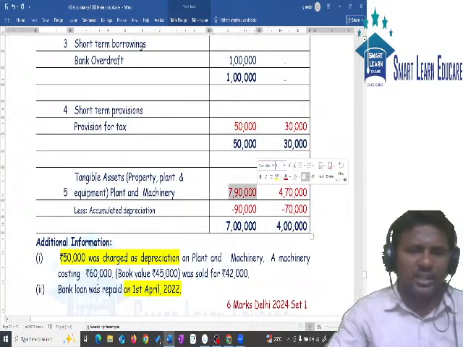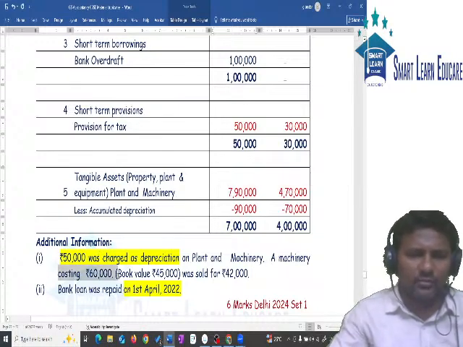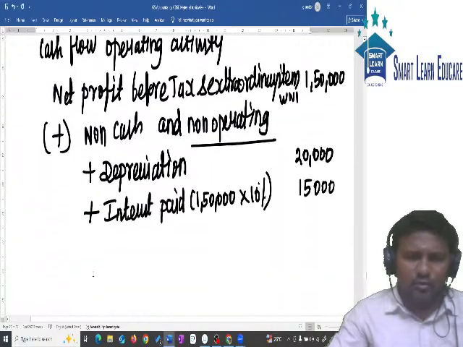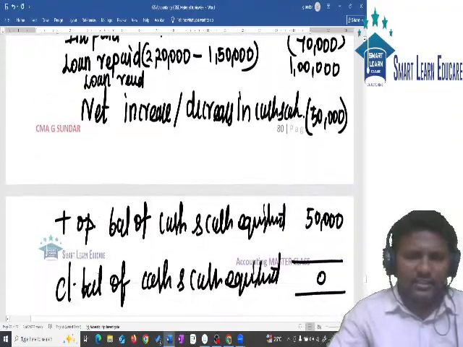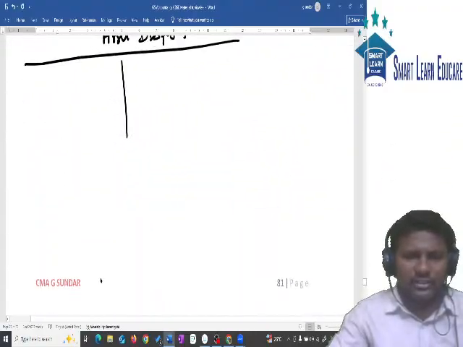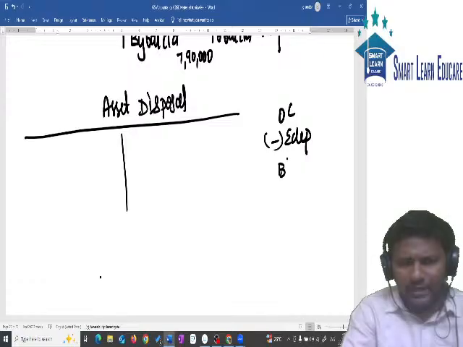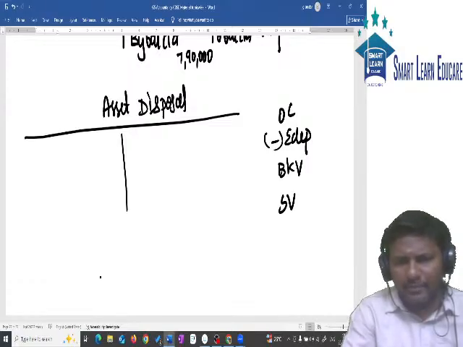Now machinery costing 60,000, book value 45,000. Last sum also I told you these things: original cost minus total depreciation will give you book value. Book value should be compared with sale value so that you will get profit or loss.